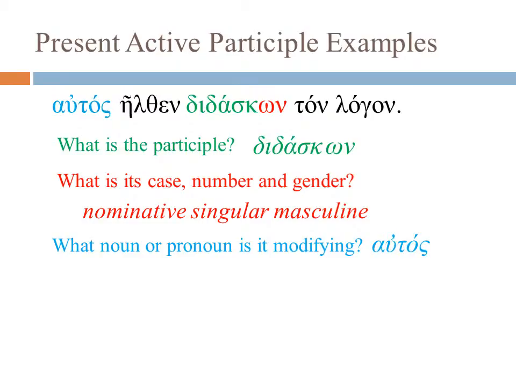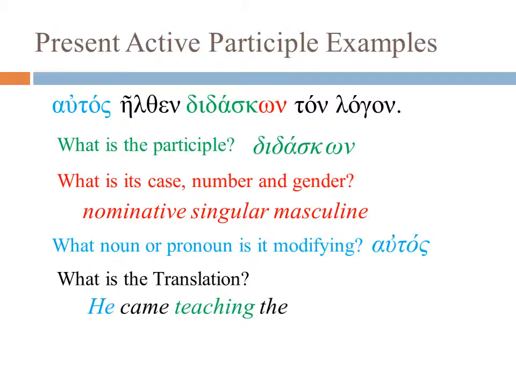And we see it's modifying autos. So whatever is happening here is a modification of autos. The translation: he came teaching the word. He, autos, is related to didaskon. He is teaching the word.